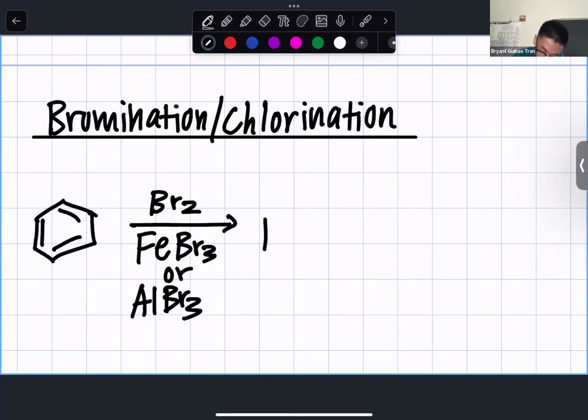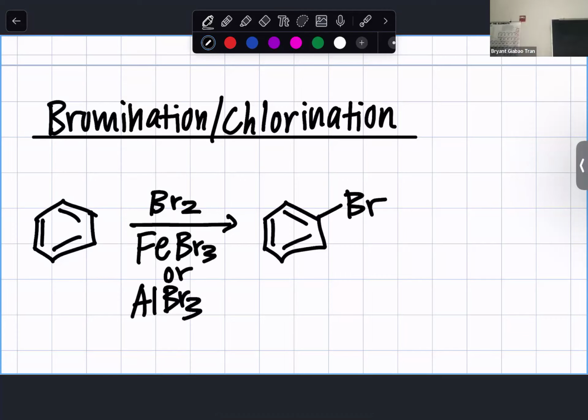That will attach a bromine onto the benzene ring. Since there are no EDGs and EWGs here, it doesn't matter which carbon we attach the bromine to. This is just an empty benzene ring, so it doesn't matter if I attach it here, there, or there. But if there was an EDG or EWG here, then it will matter where we attach the bromine.